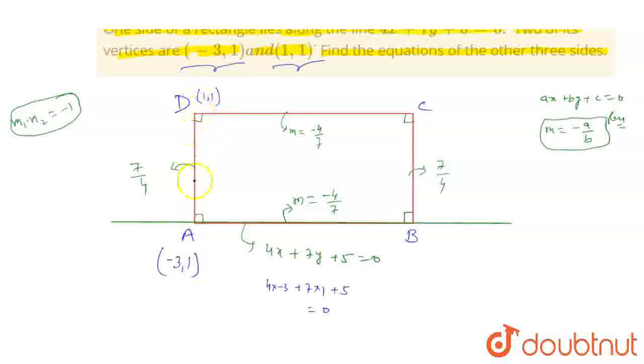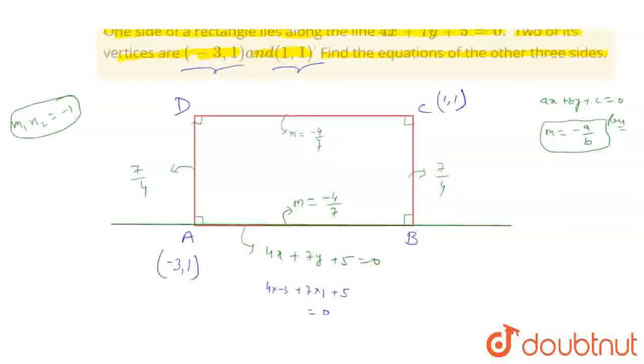According to the two-point formula, you can decide the slope of this line AD, and according to that the slope of AD will be 0, which is not possible because we already know the slope of this line will be 7 by 4. Okay, so this 1 comma 1 cannot be D, right? So 1 comma 1 definitely will be this point C.